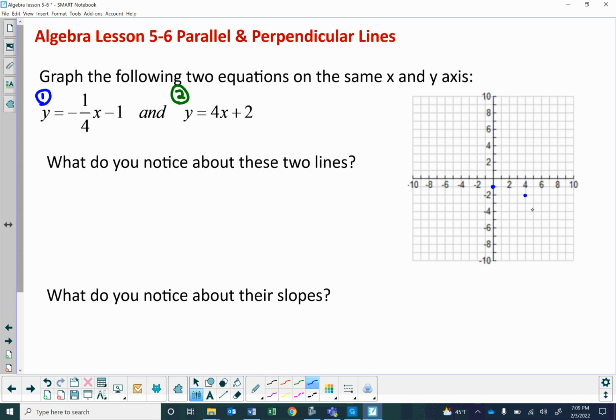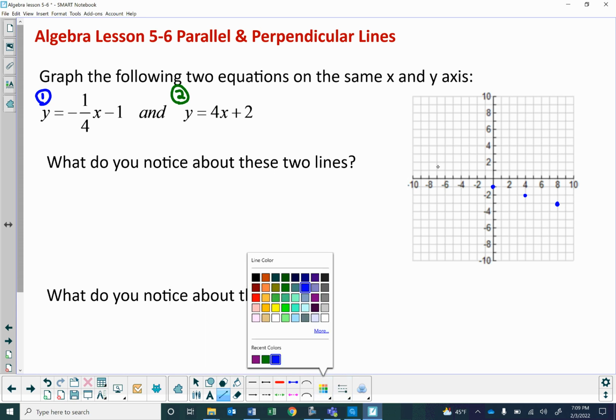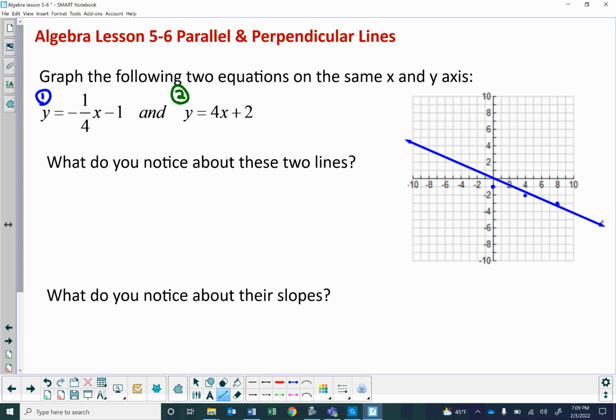And from that point, down 1, to the right 4. Use my handy-dandy straight edge to get my points. Straighten out my line because I did a terrible job of graphing that one. So this is equation number 1.